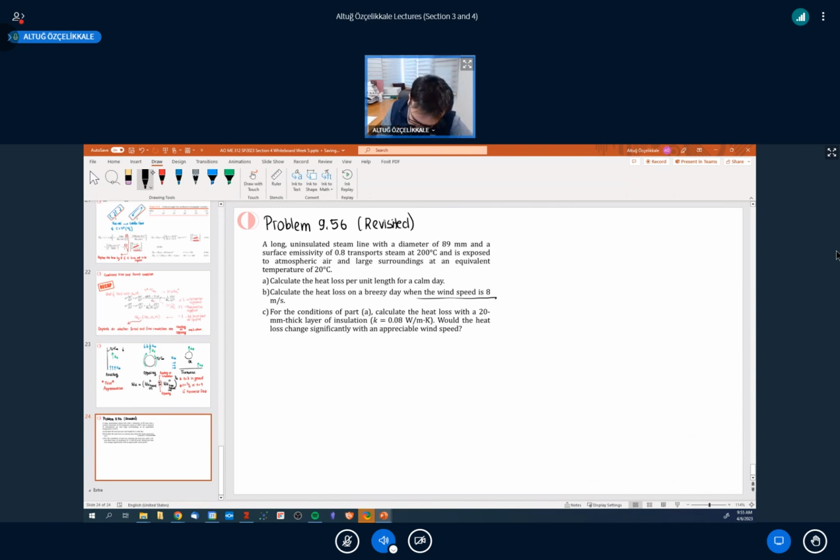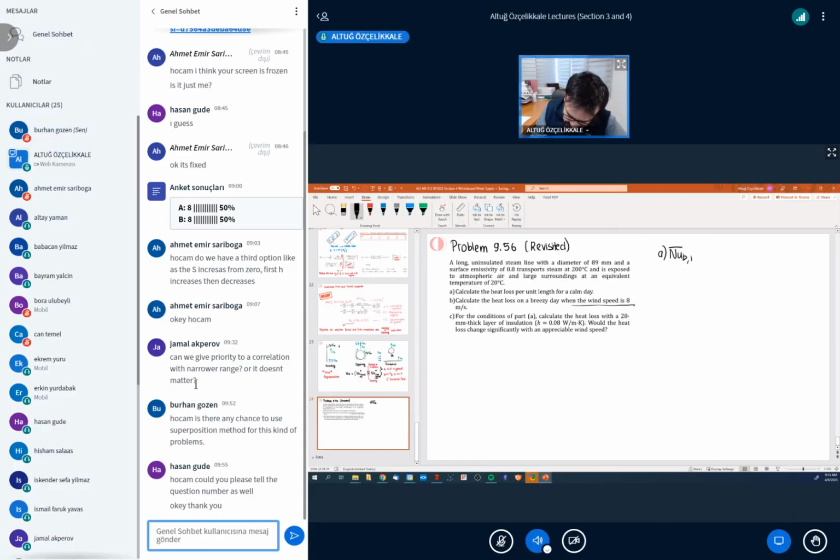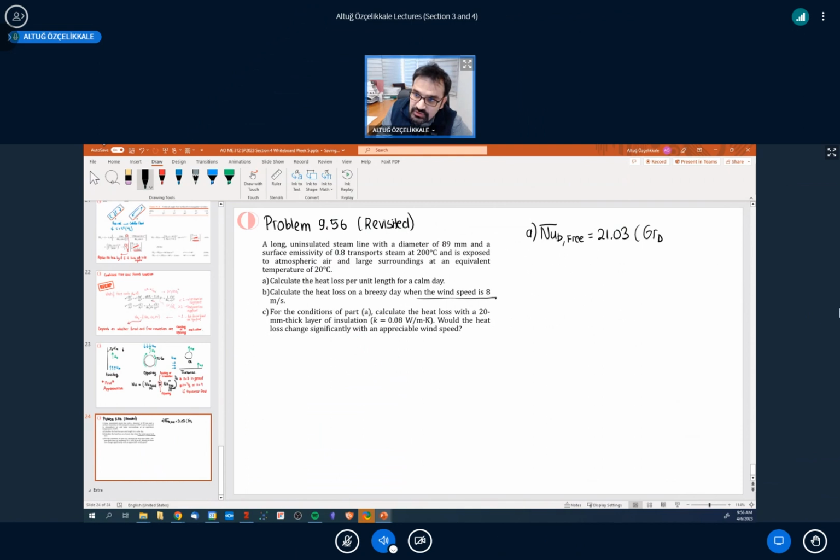In part A, we found that the Nusselt number for free convection is equal to 21.03, based on a Grashof number of 5.3 times 10 to the power 6.